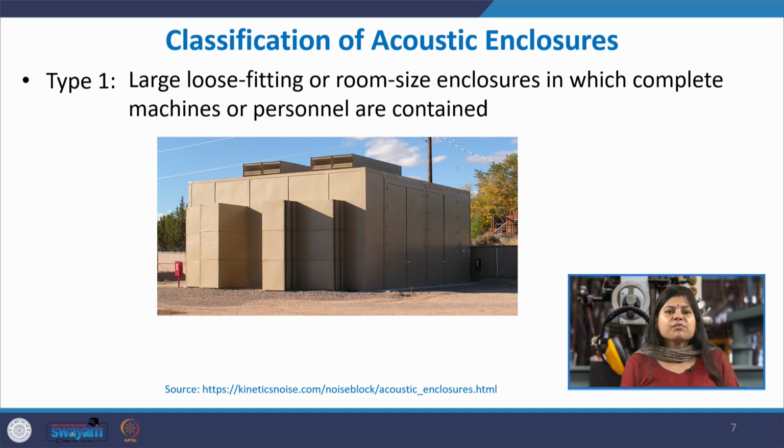You can have some factory where you keep all the heavy machineries together in a work floor, in a single building which is enclosed completely. So the entire machinery is enclosed in a separate large room which is made of good barrier material. That becomes your enclosure.